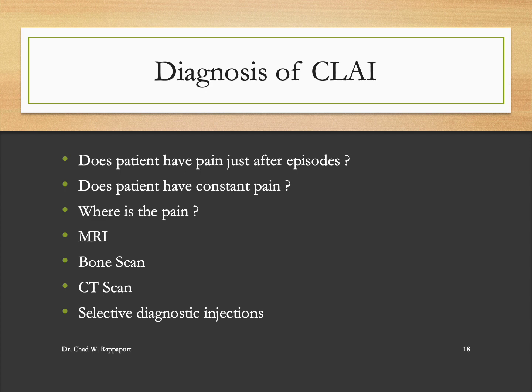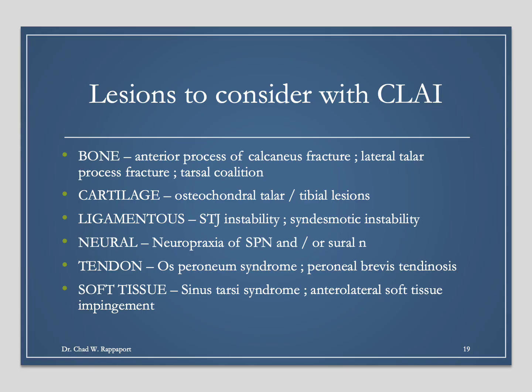Selective diagnostic injections in the office with an anesthetic can be helpful. When patients do have underlying lesions in conjunction with their instability, it can be stemming from bone, cartilage, ligamentous, neural, tendon, or soft tissue sources.